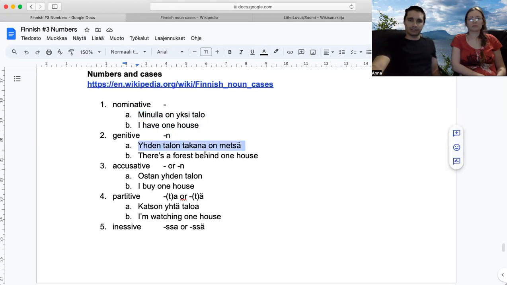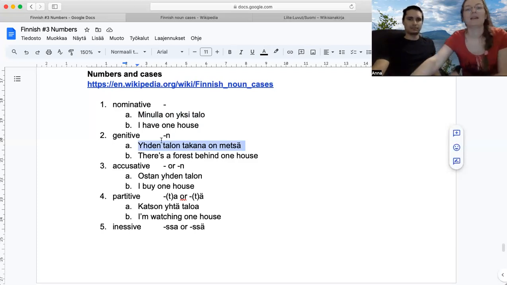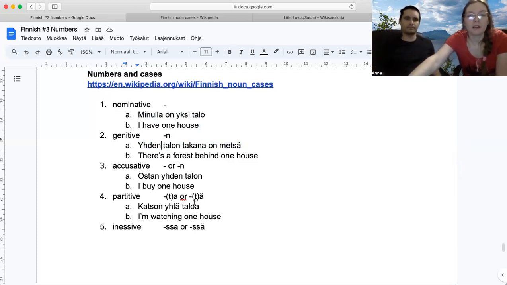Then genitive case. Yhden talon takana on metsä. There's a forest behind one house.